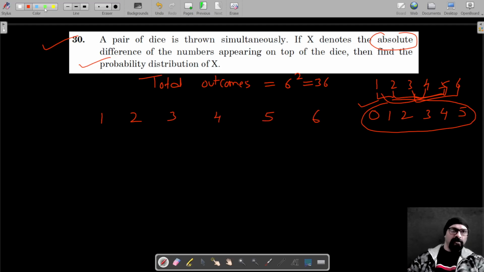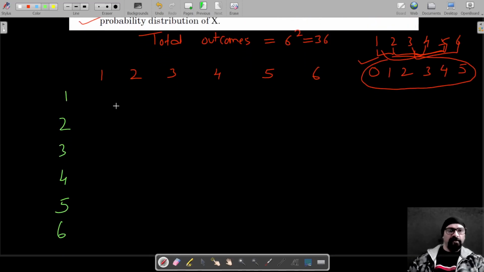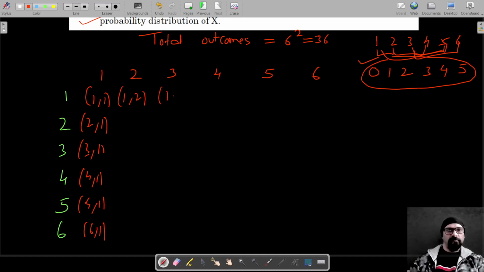Our second die is 1, 2, 3, 4, 5, and 6. So outcomes for these two would be 1 comma 1, 2 1, 3 1, 4 1, 5 1, 6 1. Then 1 2, 1 3, 1 4, 1 5, 1 6.